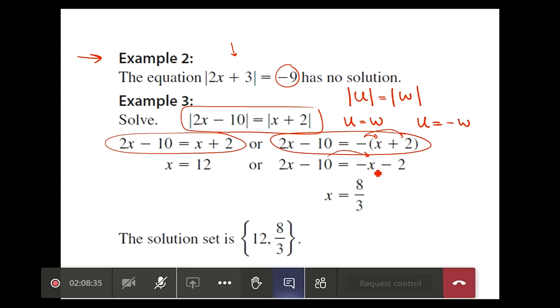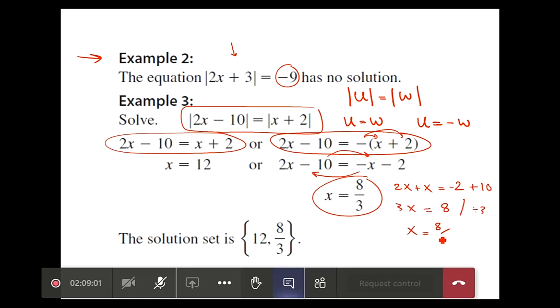Move the negative 10, move the negative x to the left hand side, so we have here 2x. The final solution: 2x plus x equal negative 2 plus 10. So we have 3x equal 8. By dividing by 3, we have x equal 8 over 3.